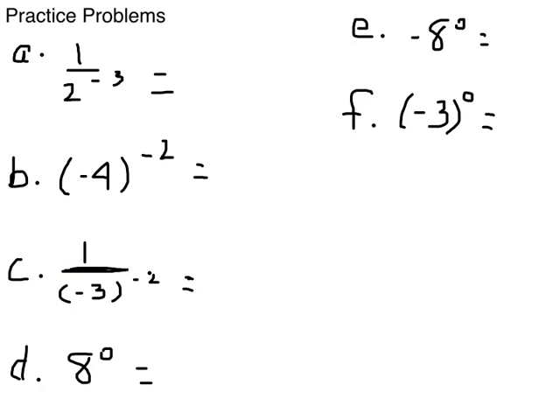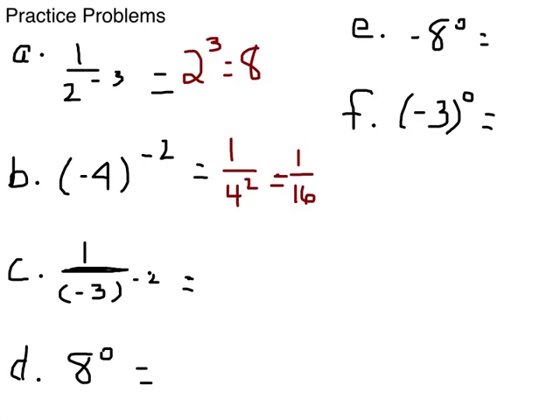Let's work our practice problems here. First of all, we're going to rewrite this as 2 to the third, which is equal to 8. And negative 4 to the negative second, we're going to write that as 1 over 4 squared, which is 1 over 16.